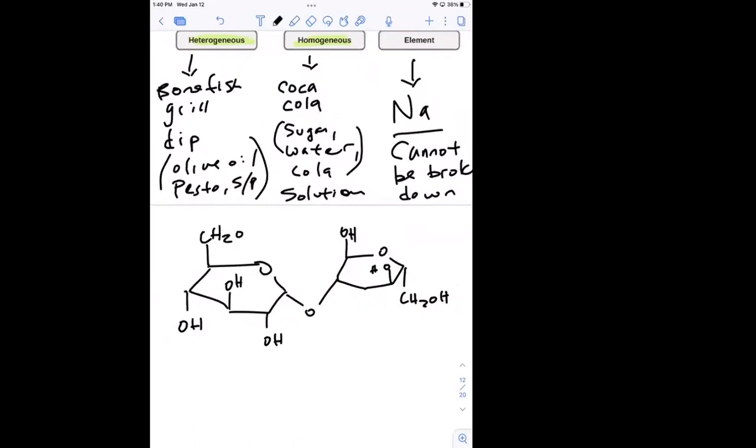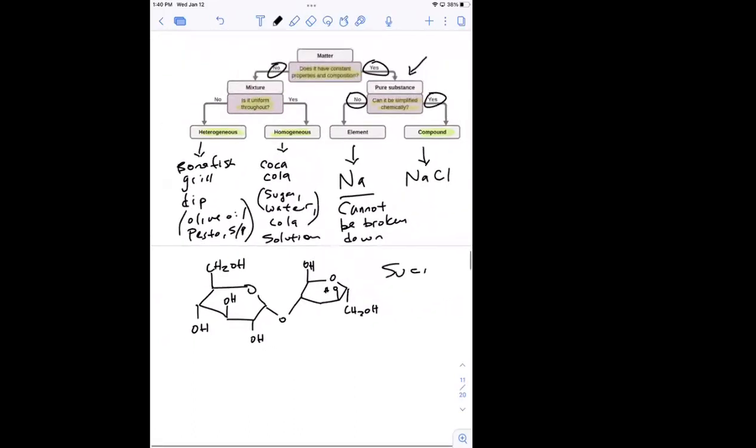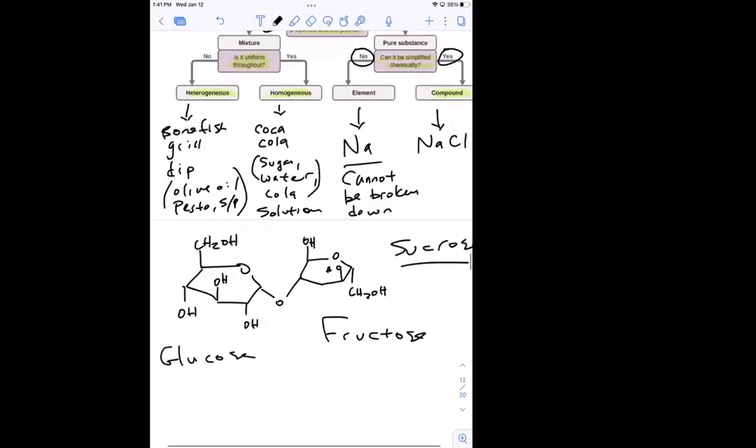All right, so sucrose, which is just cane sugar, is made up of two pieces, right? You have a glucose part, and then you have a fructose part. You can take this compound, you can heat it up and convert it into something else, right?